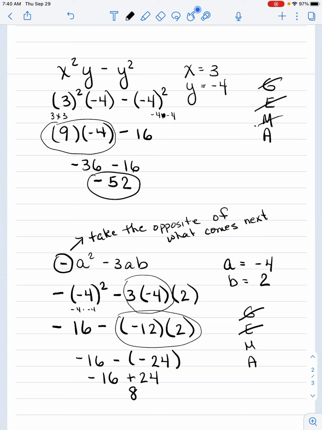Because when we are adding numbers with different signs, we're going to subtract the absolute values. 24 minus 16 is 8. And we're going to take the sign of the bigger number. And in this case, the sign is going to be positive because 24 is positive. And that is your answer. And that is evaluating expressions.